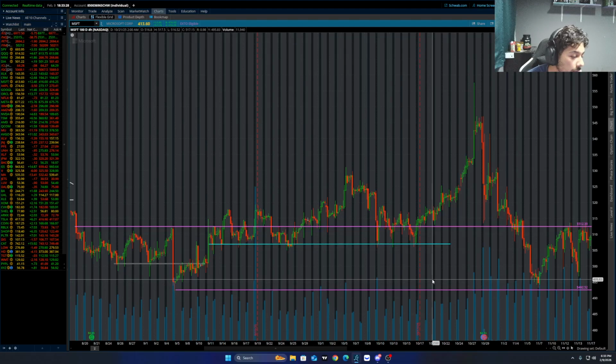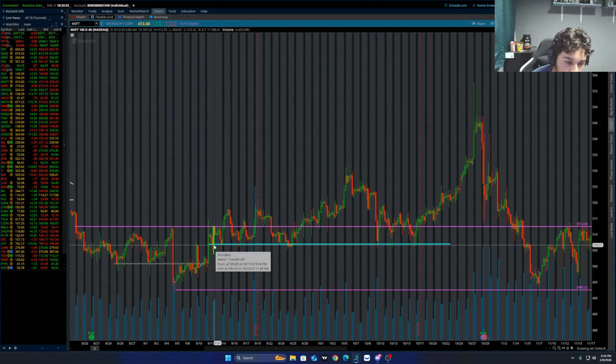Another thing that I like to go by is whatever happens in the past is likely to happen in the future. That's another saying I say as well. This was on the 14th when it bounced from this level, or 9/11 when it bounced the first time when it made that move.